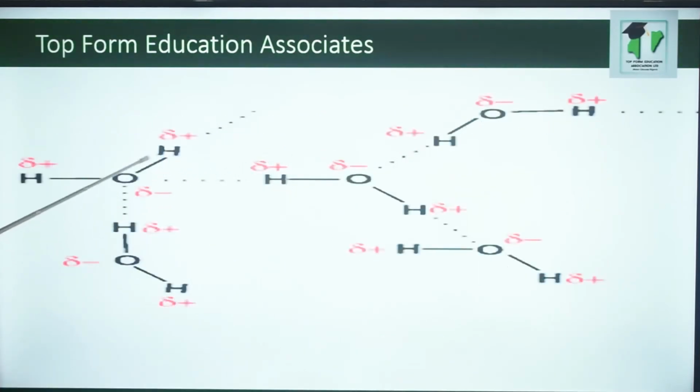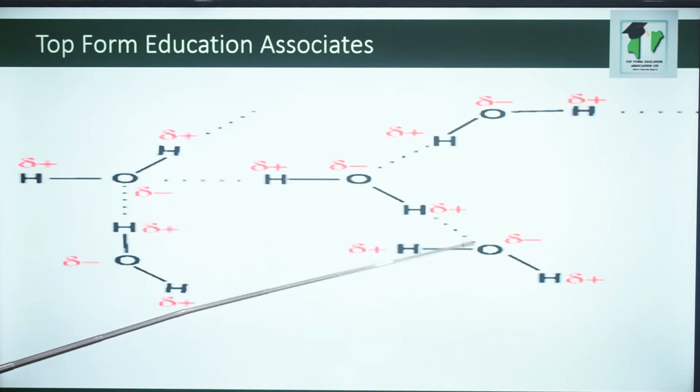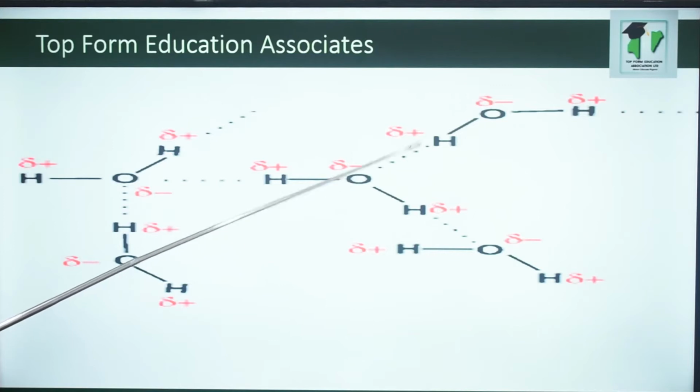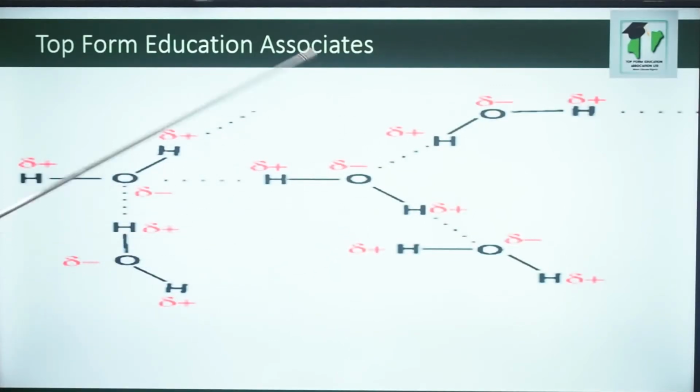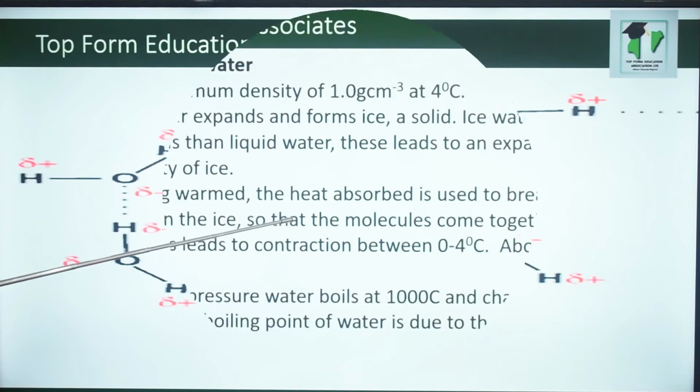You can see here, oxygen is connected to hydrogen, forming the hydrogen bonding in water. This hydrogen bonding can lead to high viscosity, high surface tension, and the high boiling point of water.